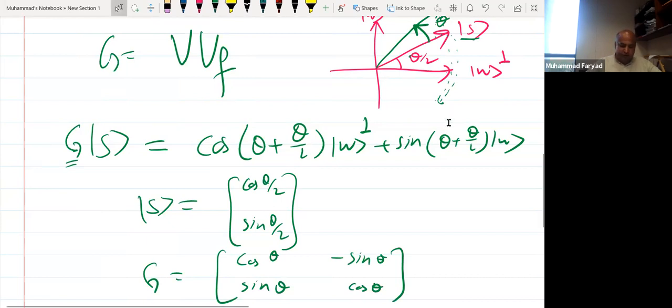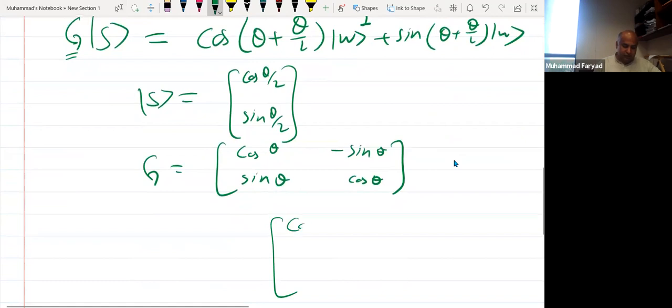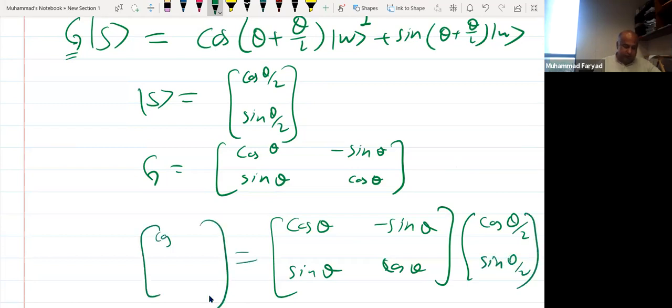And you can actually verify very easily that the action of this rotation matrix on this unit vector, cos theta by 2, sine theta by 2, will give us cos theta plus theta by 2 and sine theta plus theta by 2.